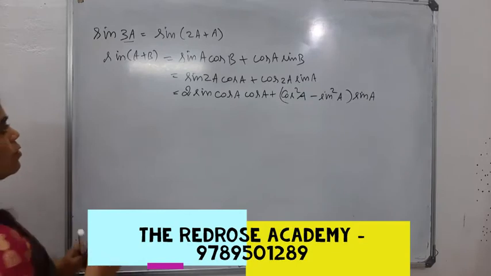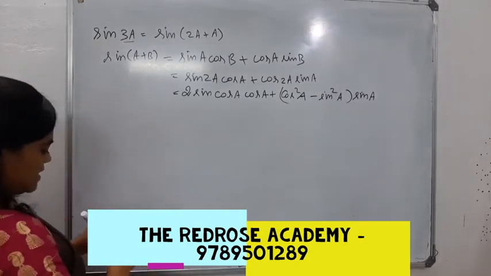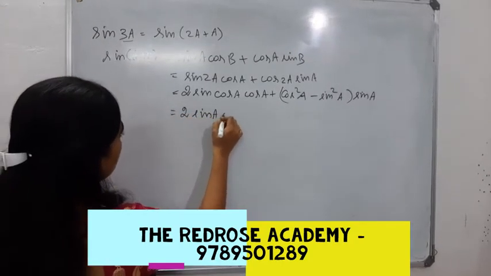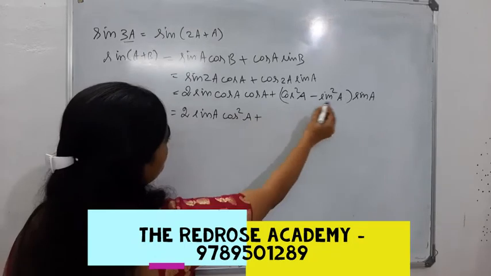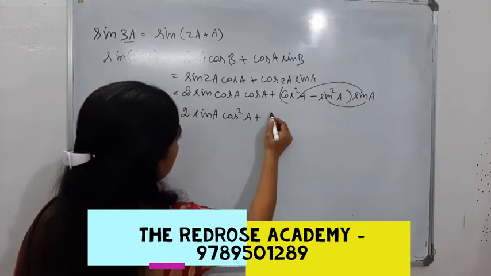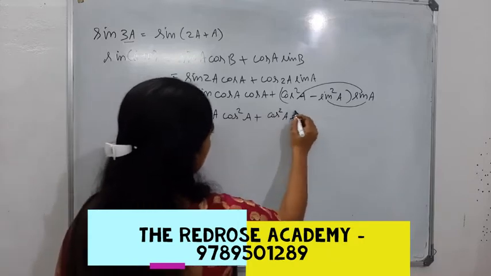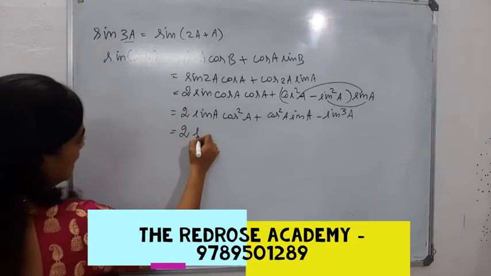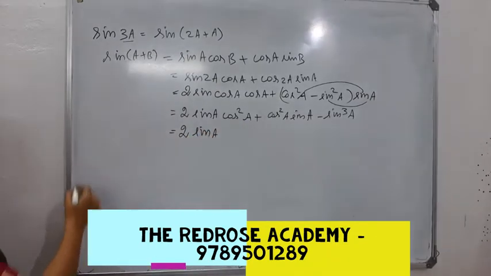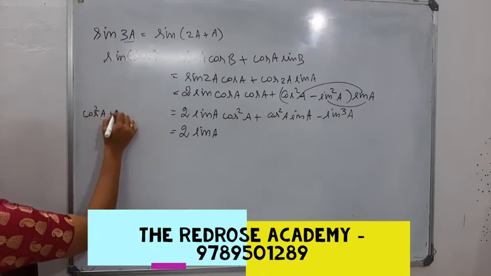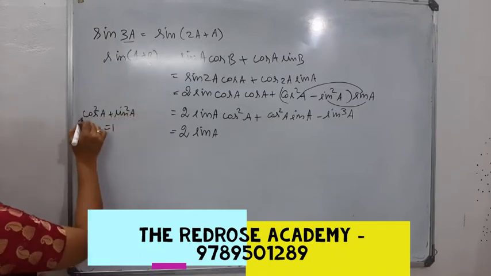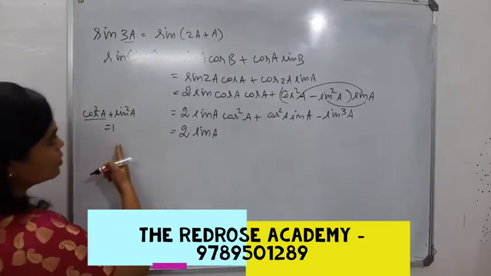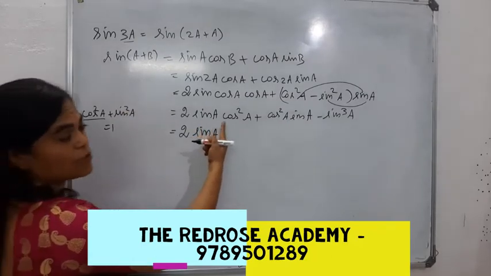So we are now going to derive. Here 2 sin A cos A, multiplied by cos A, can be written as 2 sin A cos square A, plus cos square A sin A minus sin cube A. You can use the same identity, cos square A plus sin square A is equal to 1. Since it is sin 3A, we are going to transform all the cos into sin.